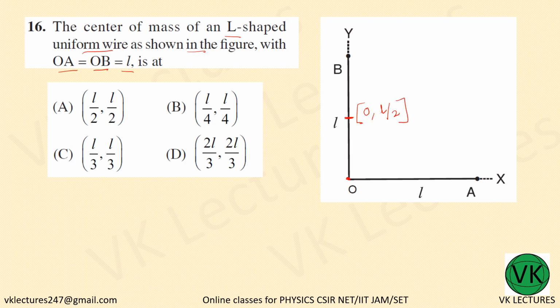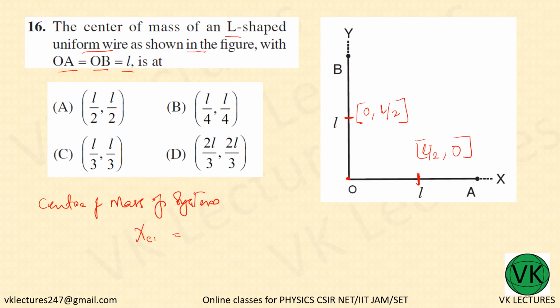And now let us see, if only OA was present, here would be the center of mass. So what is the coordinate of that center of mass? L by 2, comma 0. This is the individual center of mass for each rod. Now the center of mass of the system, how do you represent it?